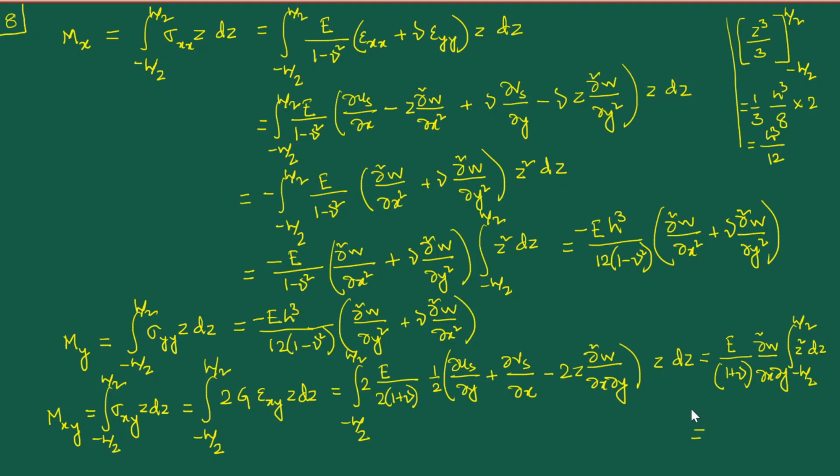And of course, I've missed the minus sign again. So ultimately this is again going to give me this h cube by 12. So eventually I'm going to end up with this: minus E h cube by 12 into 1 plus nu, and then this del square w del x del y. So this is the term.